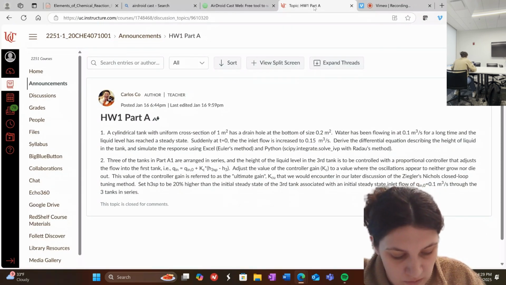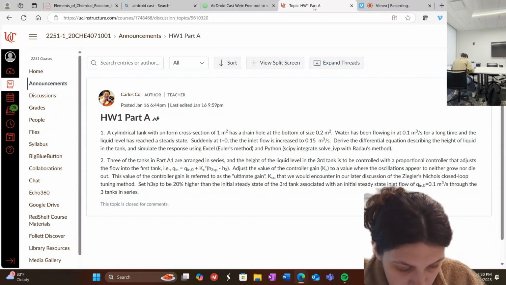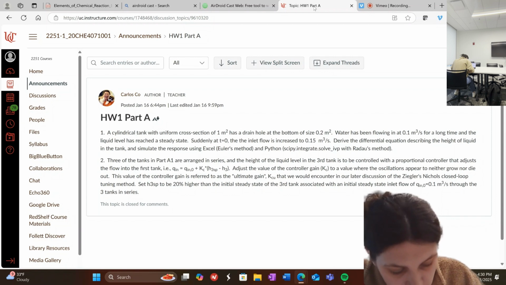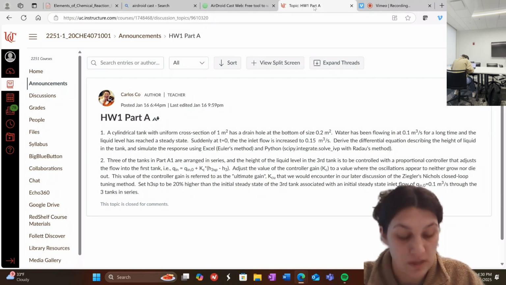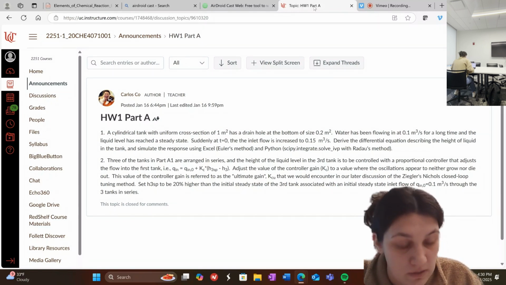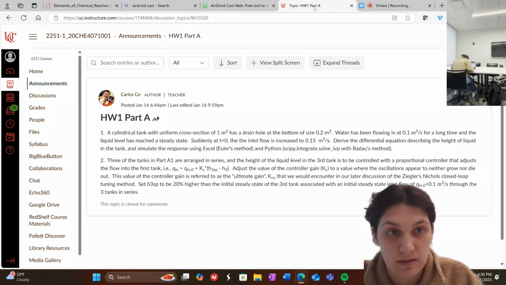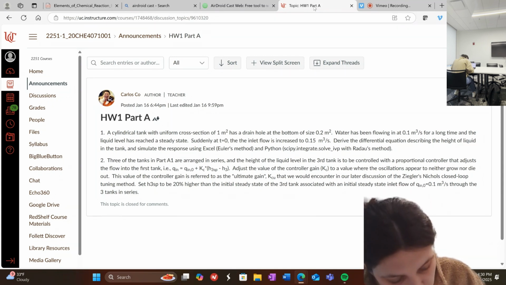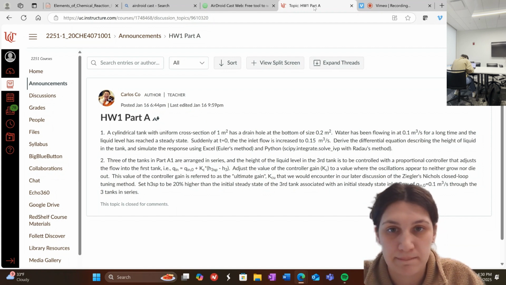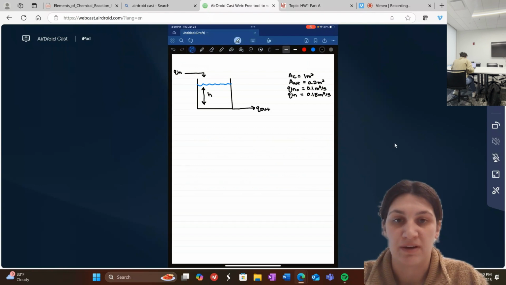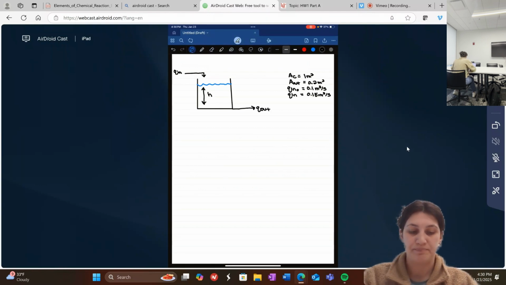The first is that the cross-sectional area is 1 meter squared, the outlet size is 0.2 meters squared, our Q in naught, so our flow for a long time, is 0.1 meters cubed per second, and our new Q in is 0.15 meters cubed per second, and that's all. If we come back over here, you can see I have all that written out.